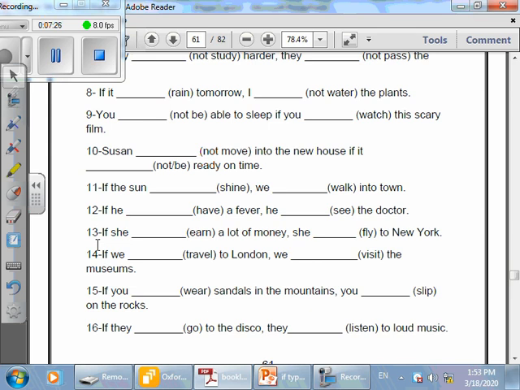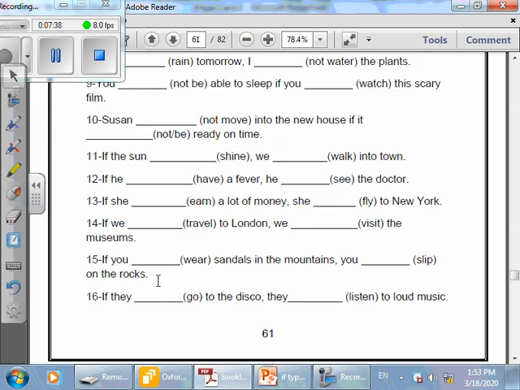If she earn a lot of money, she fly to New York. If she earns a lot of money, she will fly to New York. 14. If we travel to London, we visit the museums. If we travel to London, we will visit the museums. 15.